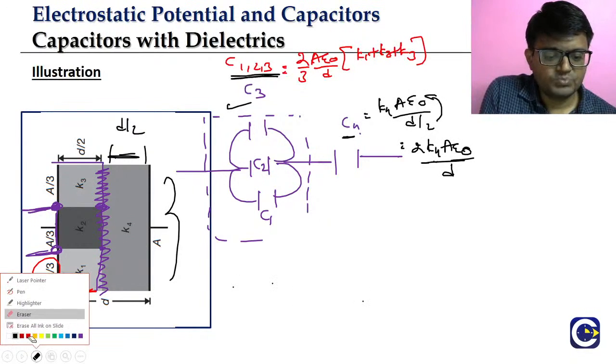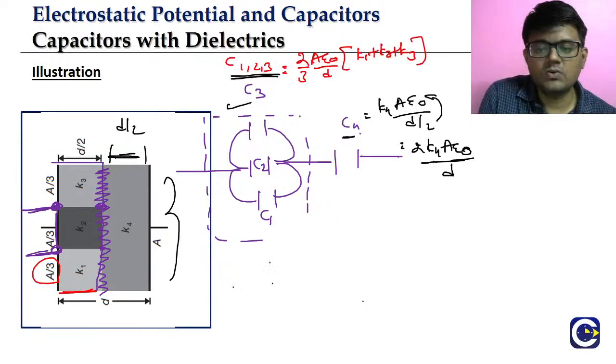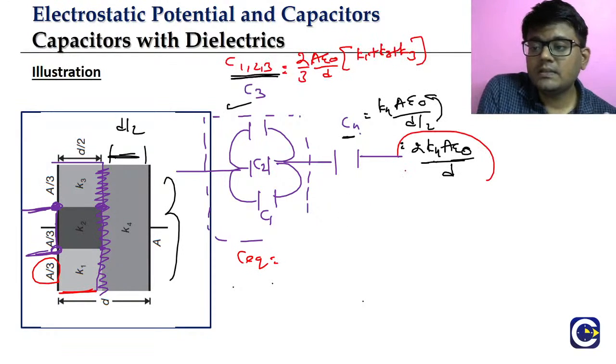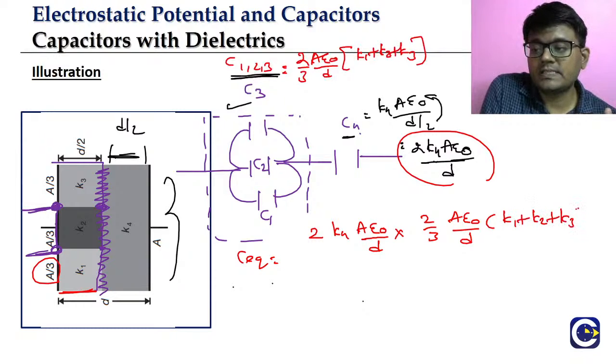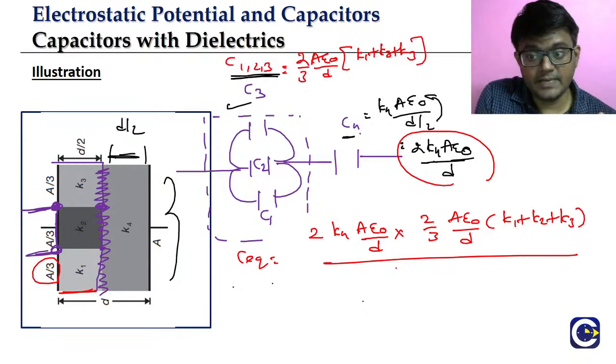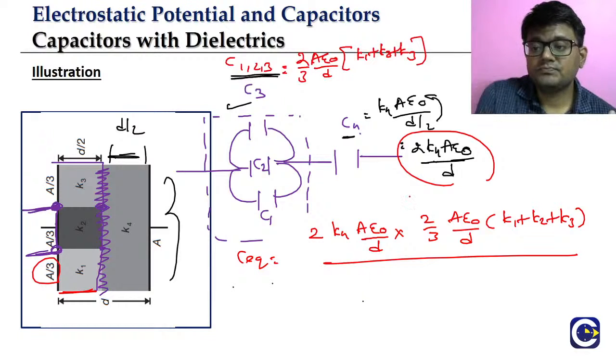What is the overall equivalent capacitance? Now we are going to write it. It is this into this, so 2 times K4 A epsilon naught by D into 2 by 3 times A epsilon naught by D into K1 plus K2 plus K3, divided by, we have to add both of them, right?